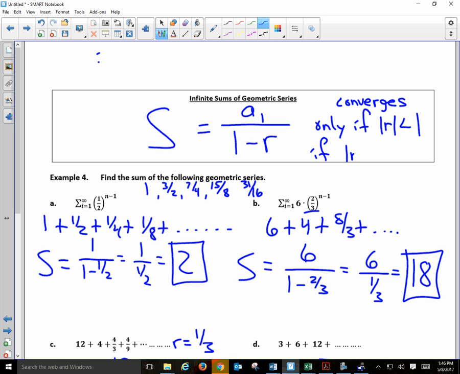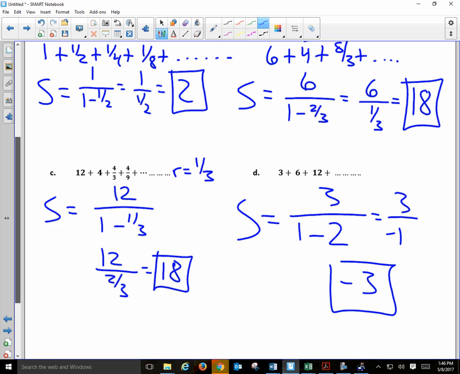If the absolute value of r is greater than 1, then it diverges, meaning it goes to possibly positive infinity or negative infinity. It's obvious to see in this situation that since the r value is greater than 1, it's 2. You can see in this scenario, it goes to infinity. And so therefore, our summation rule doesn't really work out. It's infinity.